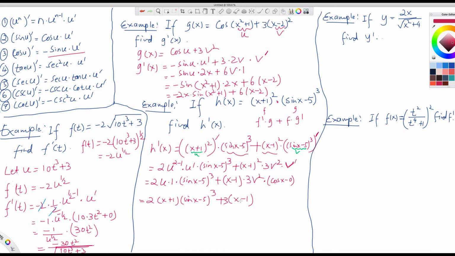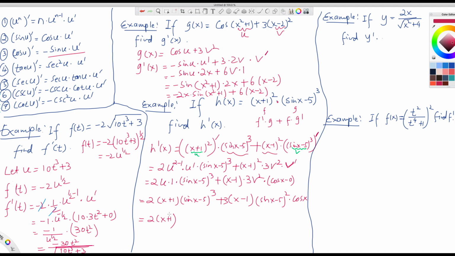Let me write down 3 in the front. What is v? v squared, right? That is (sine x minus 5) squared times cosine x. So you can leave it like this, or if you want to be nicer, then it is 2 times (x plus 1).